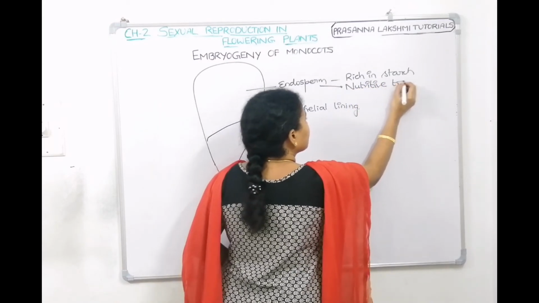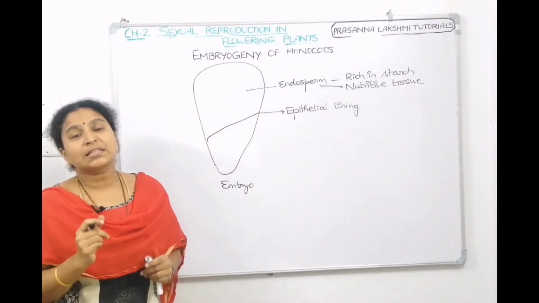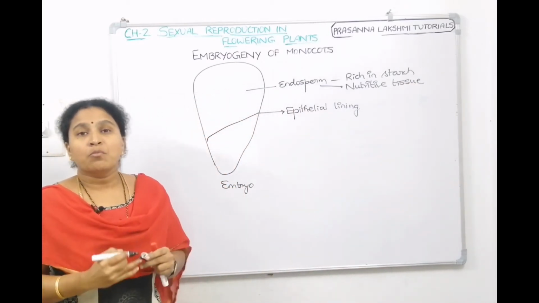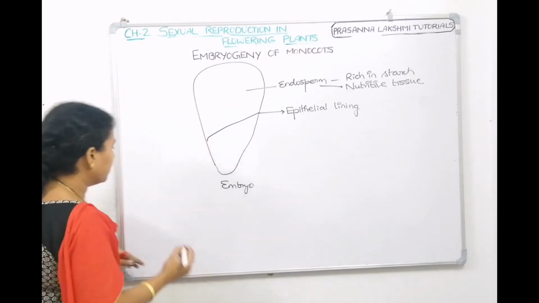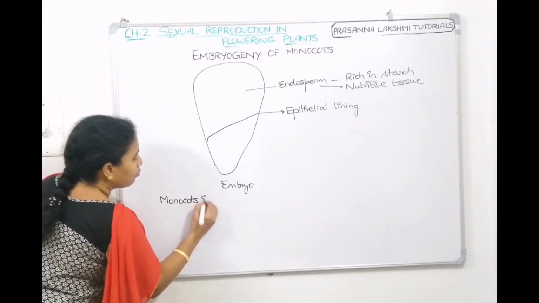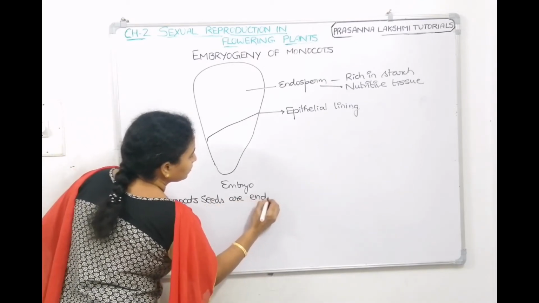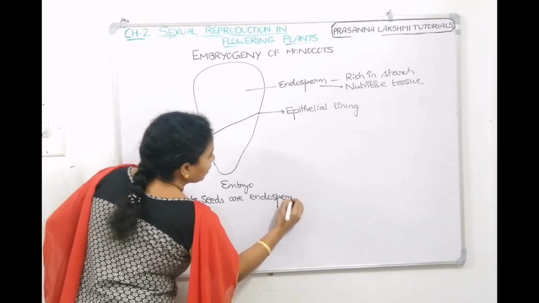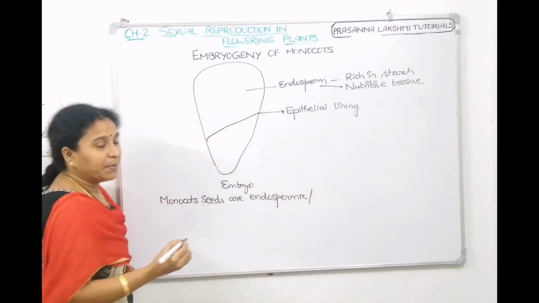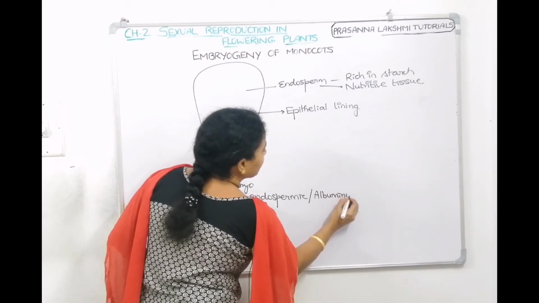Since monocot seeds have endosperm, monocot seeds are called endospermic seeds. What are monocot seeds called? Endospermic, right? We can also call them albuminous seeds. What's the other name? Albuminous seeds.